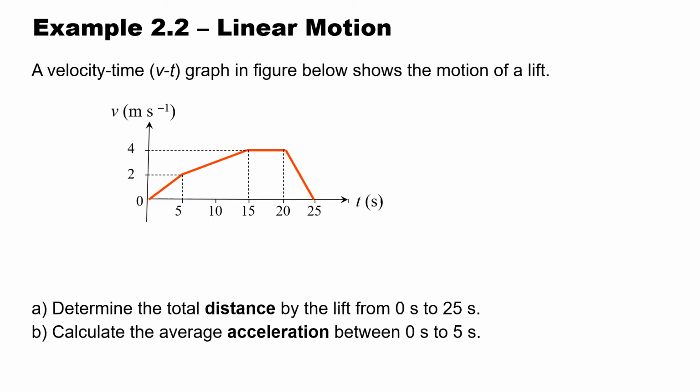Example 2.2. A velocity-time graph in the figure below shows the motion of a lift. This graph shows the y-axis represents velocity in meters per second and the x-axis represents time in seconds. The question asks, A, determine the total distance traveled by the lift from 0 second to 25 seconds.